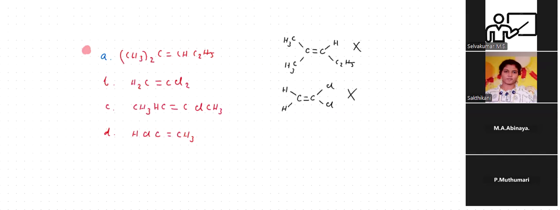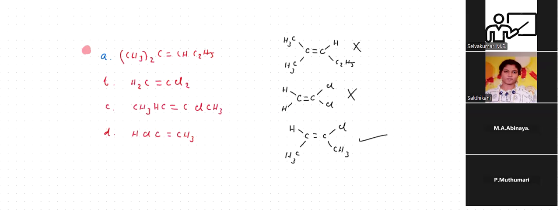And the third compound, C double bond C, one side chlorine and methyl group, on the other side methyl group and hydrogen. So this can give cis-trans isomers because if the methyl group goes there, identical groups are opposite.